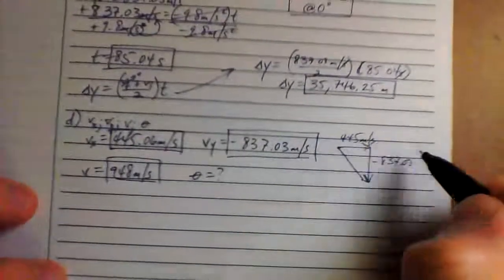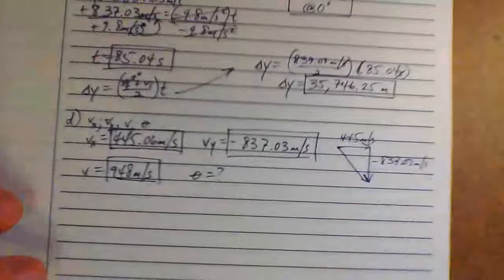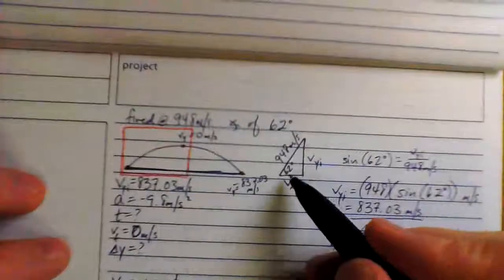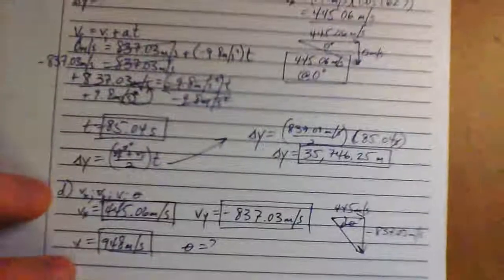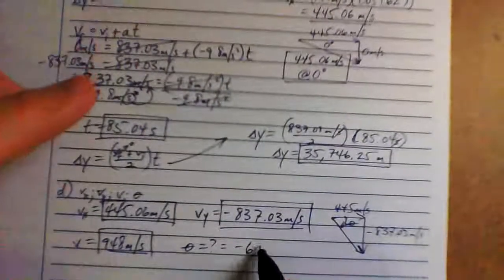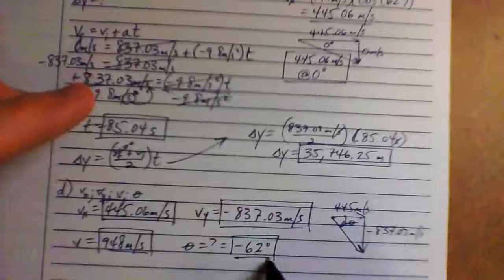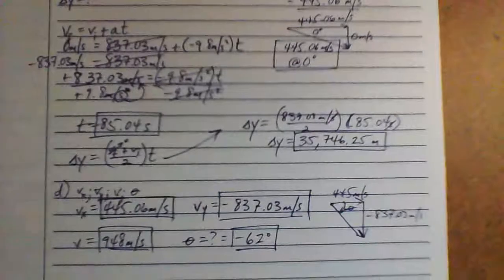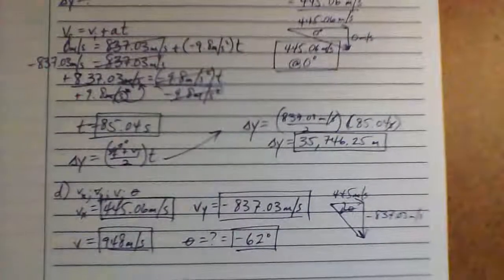So what you should note is that this angle here is the same as this angle here, only it's negative. So theta equals negative 62 degrees. There's actually absolutely no calculation required for the last part of that. Okay?